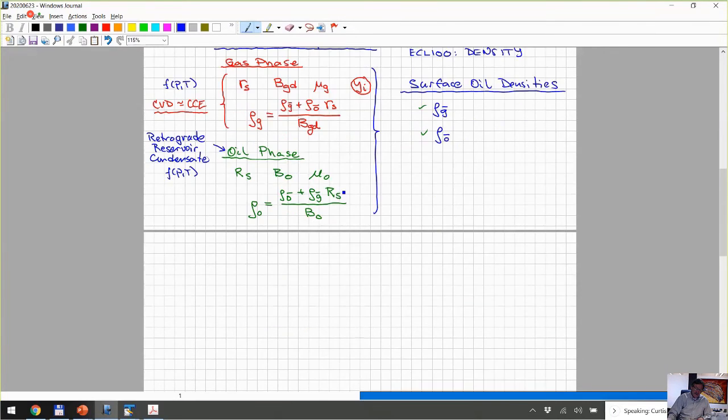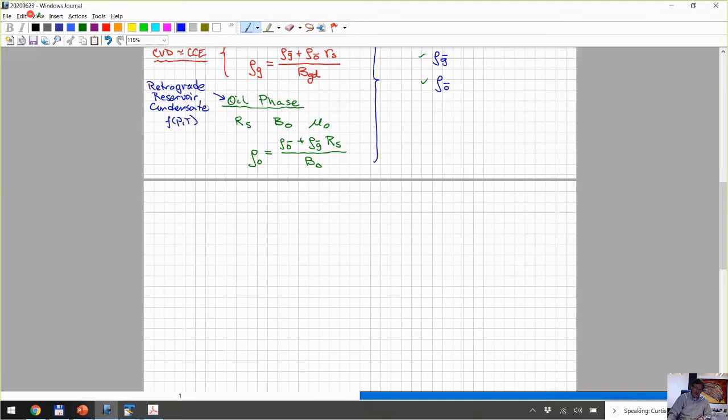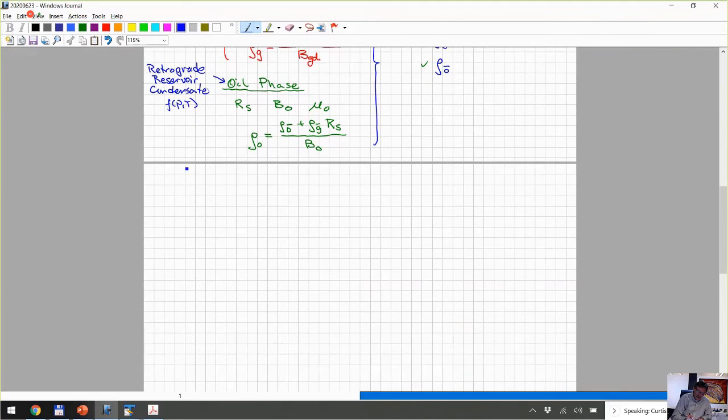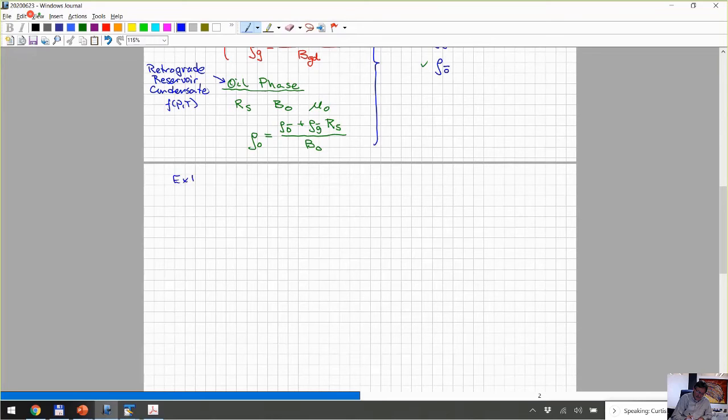Were you talking about extrapolating saturated properties or undersaturated properties? Undersaturated properties. Yeah, so in that case, we'll just ask the equation of state to create the tables to do this.